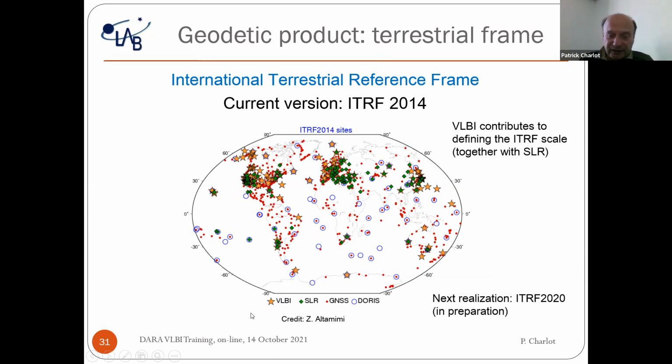The VLBI sites are shown with orange stars. So you can see where the VLBI stations are located. Of course, there are many more in the northern hemisphere than in the southern hemisphere, where there is only a limited number of VLBI stations. Okay, so this is for the terrestrial frame.